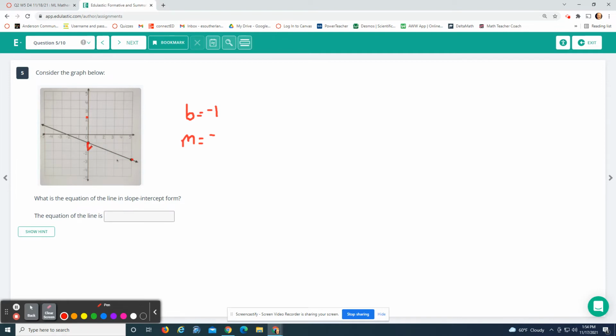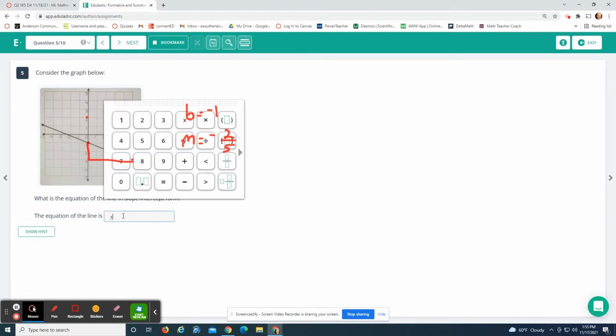It goes down 2 and over 5. So our slope is negative 2 over 5. And our equation that we would then write would be y equals negative 2 over 5. Make sure you click beside it. x minus 1.